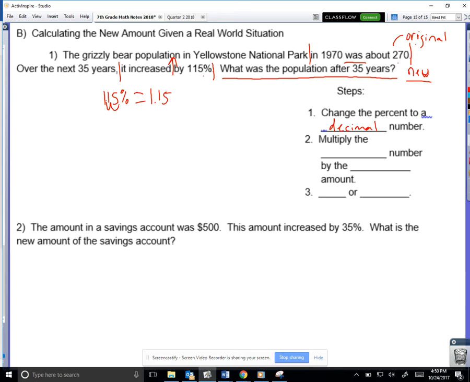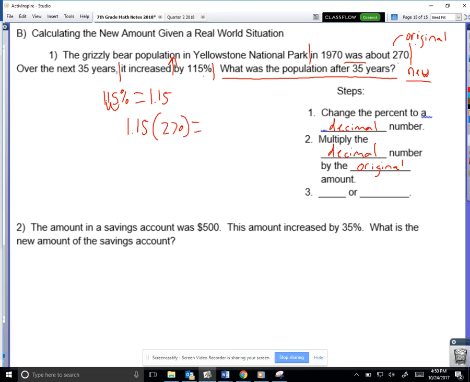We're going to multiply the decimal number by the original amount. So we're going to take 1.15. We're going to multiply that by the original population of bears, 270.